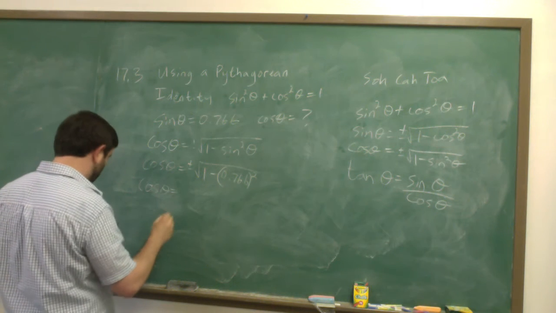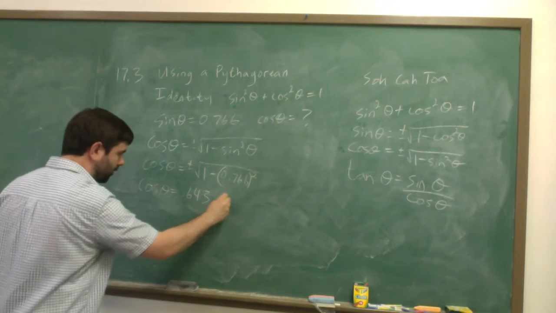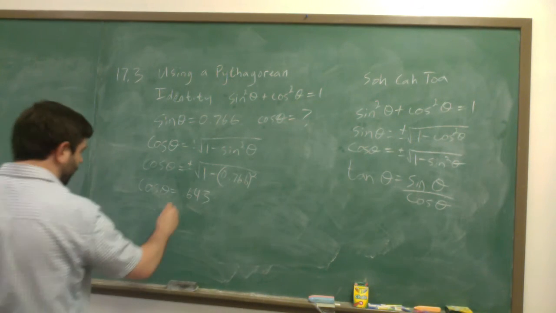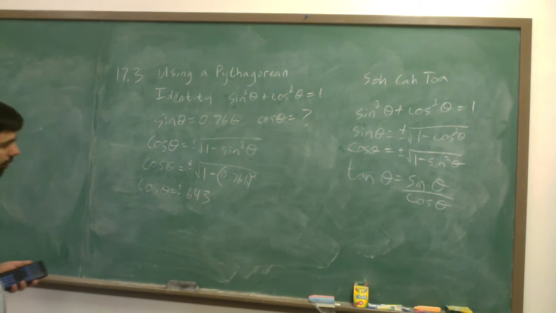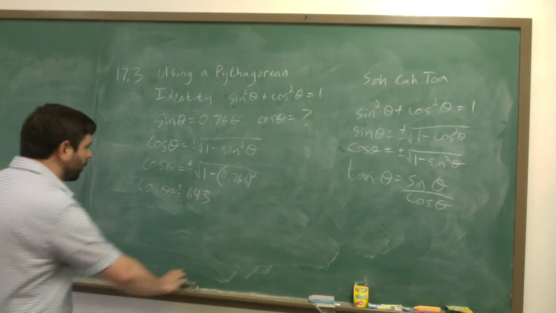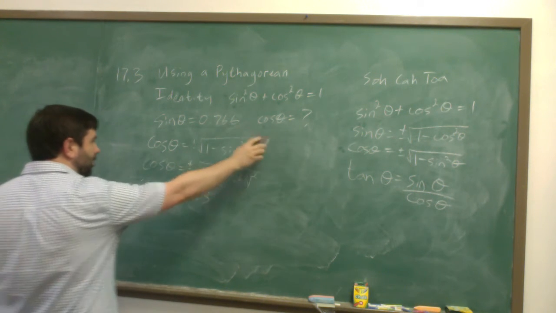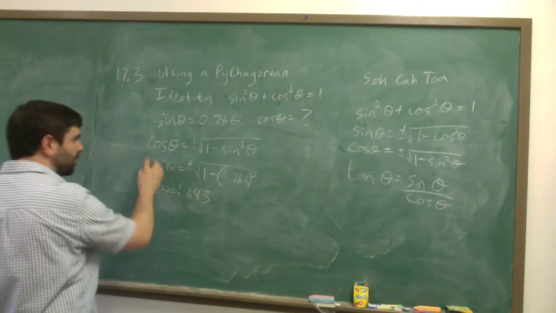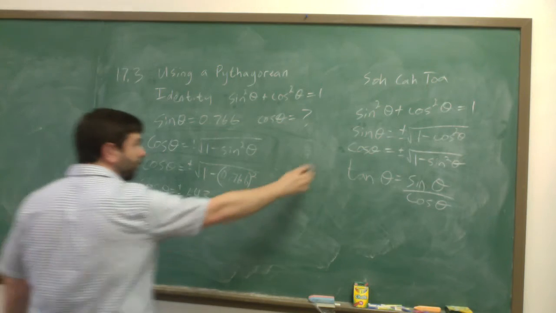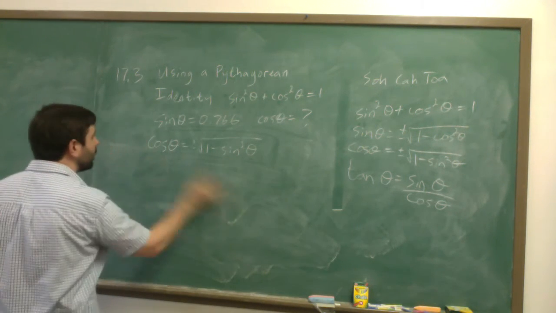And we're going to take the positive values here, 0.643. Plus or minus, excuse me. Plus or minus 0.643 is our answer. Okay, so you'll have problems where you'll be given sine and asked to find cosine of the same angle, and you just use the trig identity that we figured out over here. And that will be a help for you.